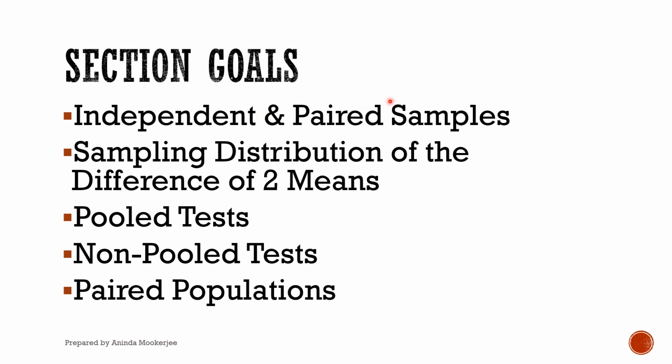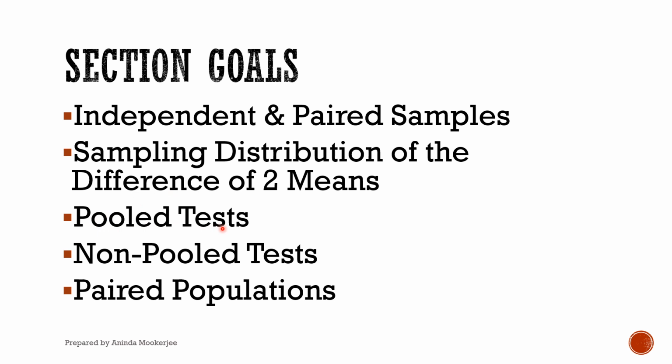So we are going to understand the difference between the two, and then we are going to talk about the sampling distribution. Before we perform any inferential study, we have to look at the distribution of the two means and so on. Then we are going to learn about the two types of tests we can perform on two populations.